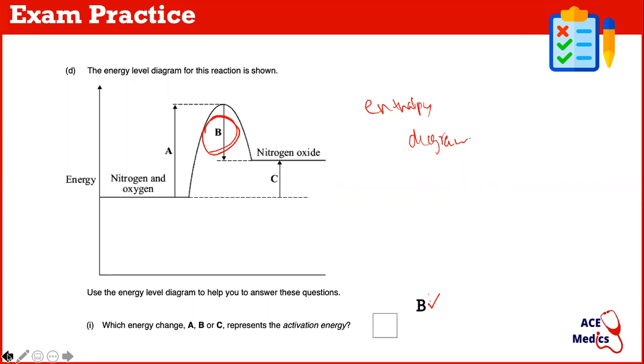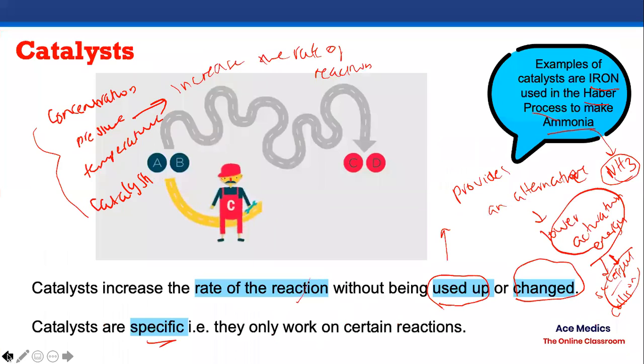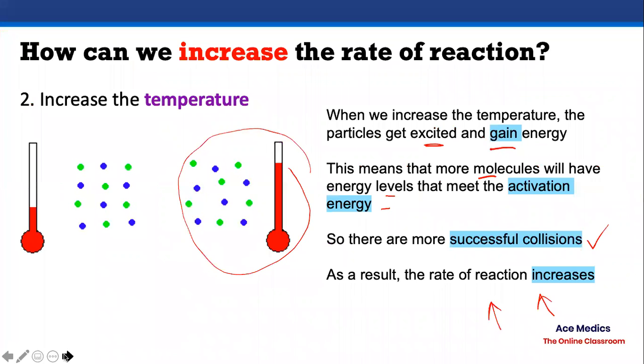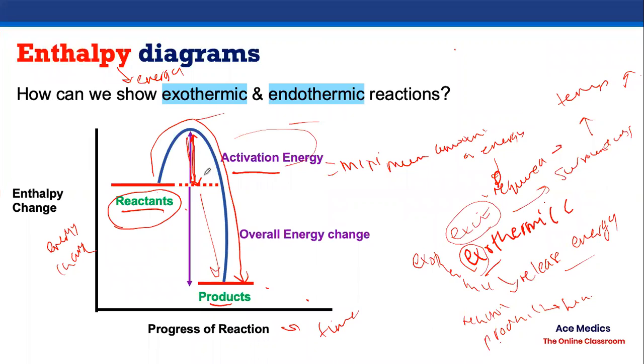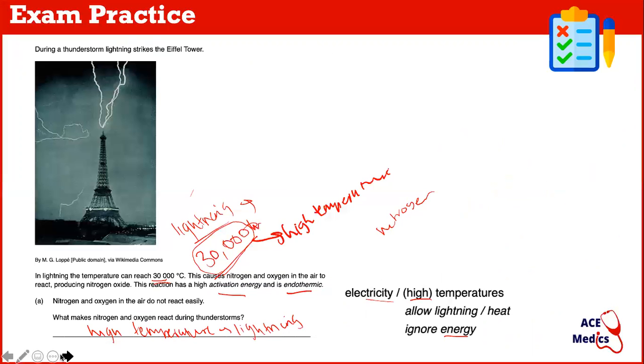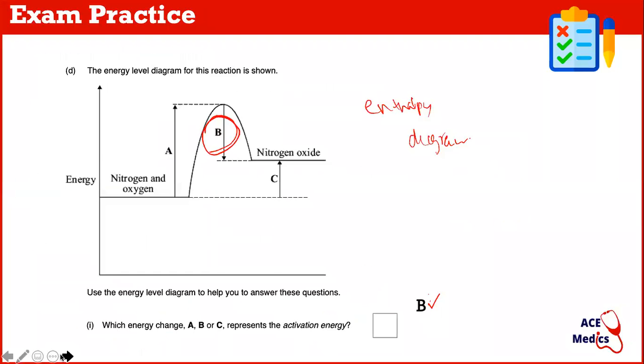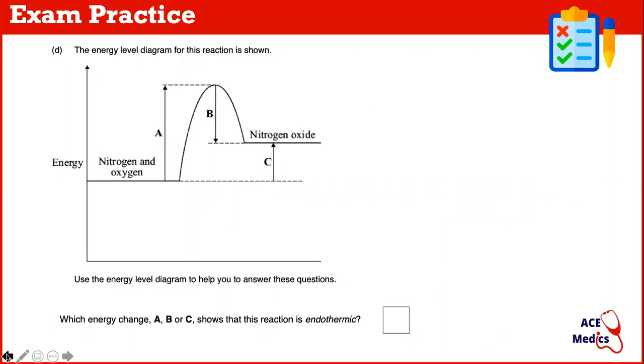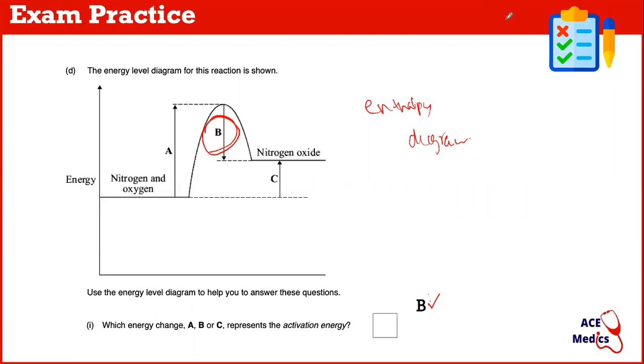Because if we go back to our previous enthalpy diagrams, this part here is the activation energy. And can anyone tell me what the activation energy is? Come on, guys. It's the last bit.